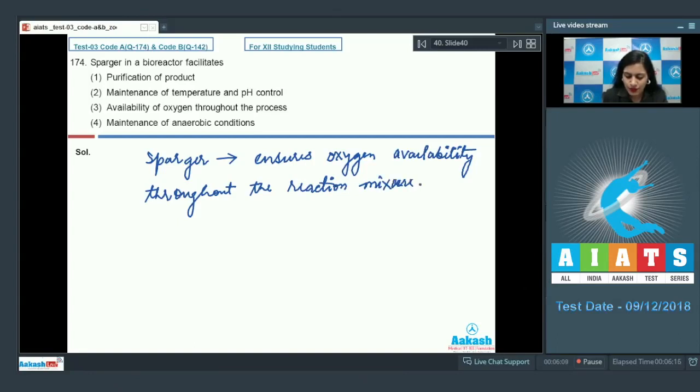The purification of these products occurs after biosynthetic stage. So sparger in a bioreactor facilitates purification of product. This is incorrect because this step is involved in downstream processing.